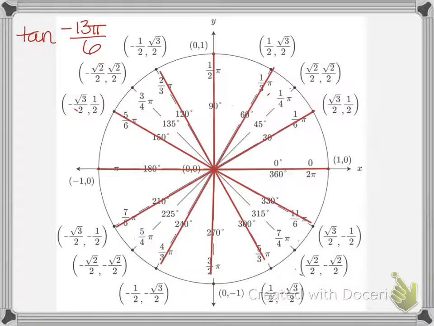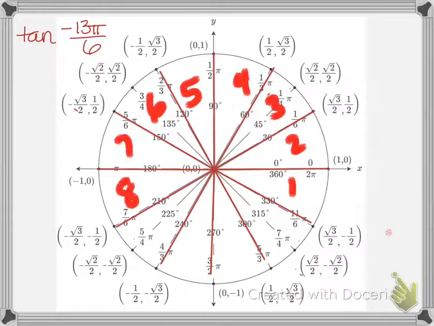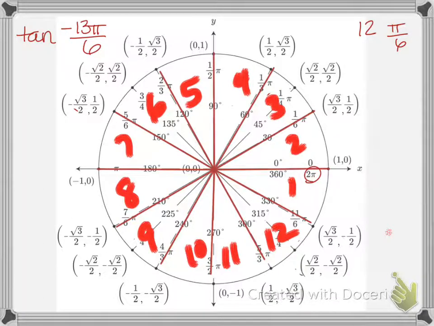So I want you to realize that there are 12 of the pi over 6, okay? So there are 12 pi over 6 sections, which makes sense because 12 pi over 6 is 2 pi, and 2 pi is 180 degrees.